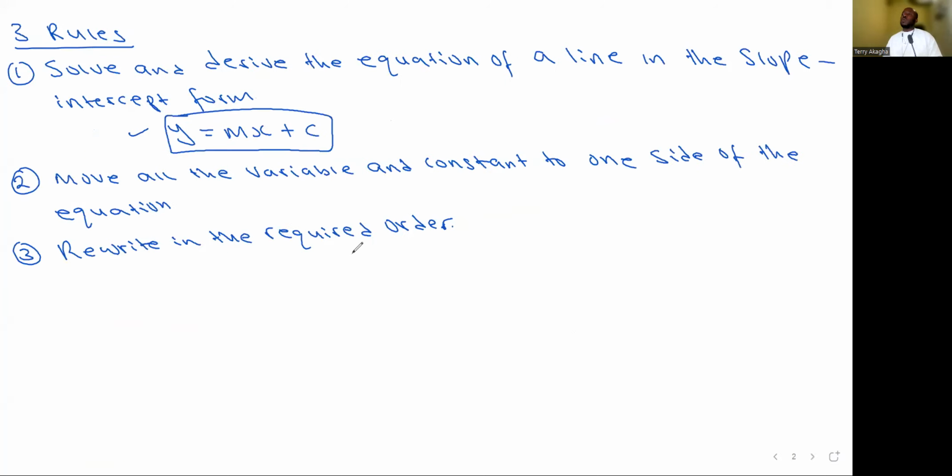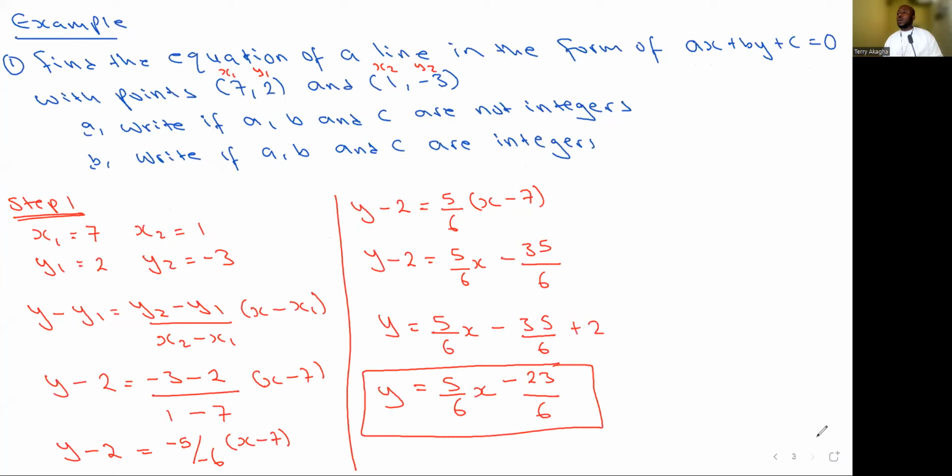Then number 2, the next step, move all the variables and constants to one side of the equation. So we're having this one. So we're going to go to step 2 now. For step 2, we're going to move all this to one side of the equation.